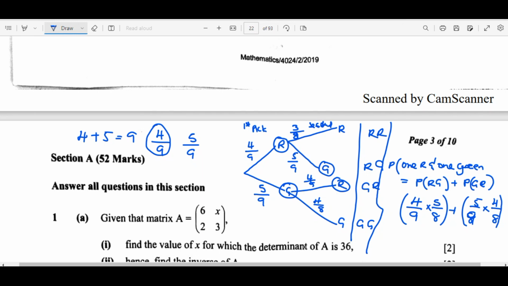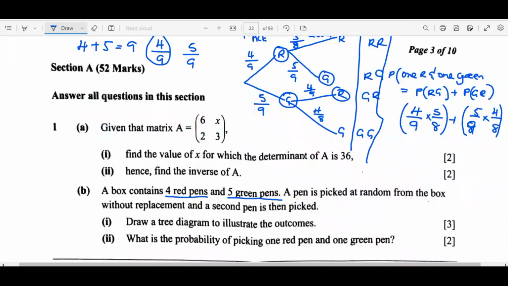Then we can do simple mathematics. We can reduce: 4 into 4 is 1, 4 into 8 is 2. When we multiply, it gives us 5/9 times 2, that is 18.